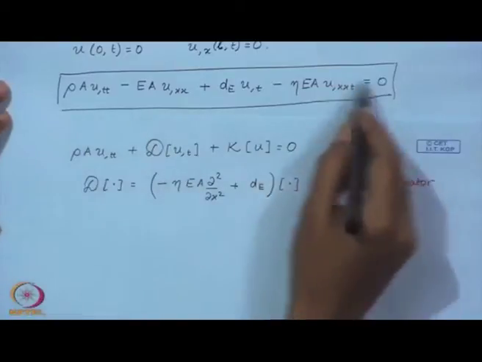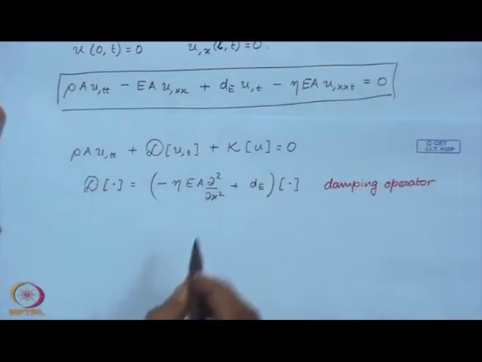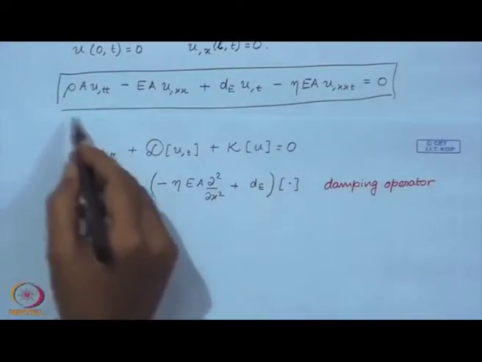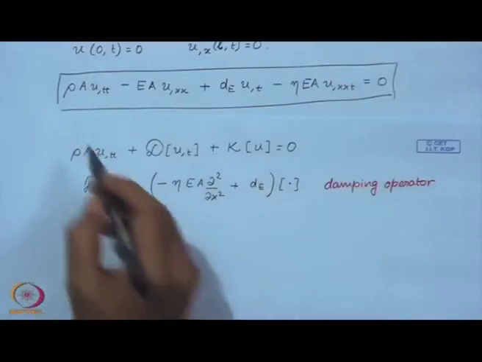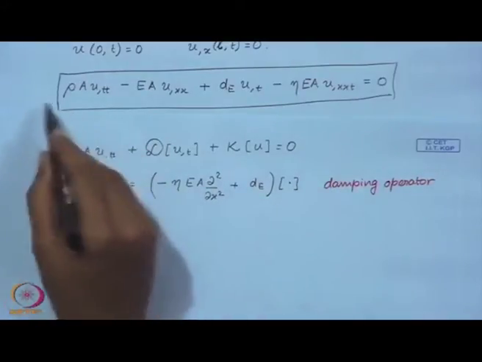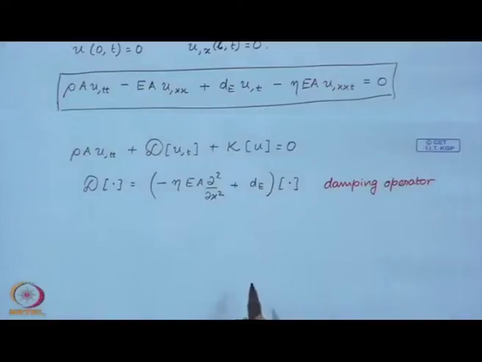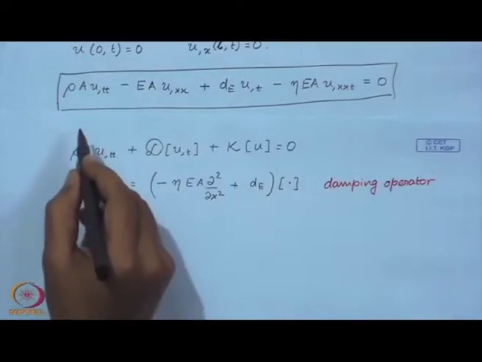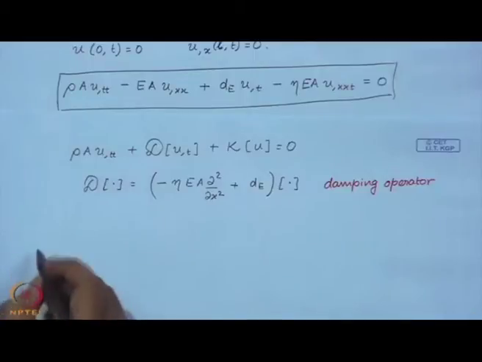So, let us start with this equation of motion, and as is the usual way to obtain the energy equation, we multiply this whole equation with the velocity and integrate over the domain of the bar.